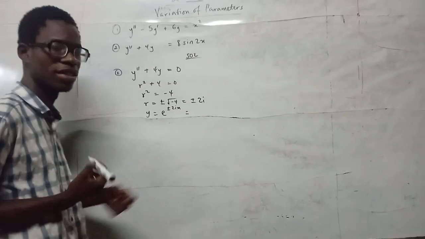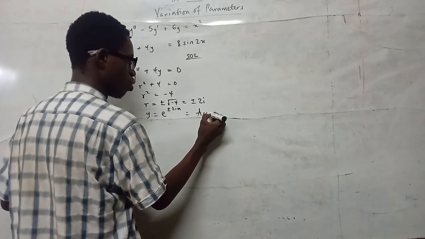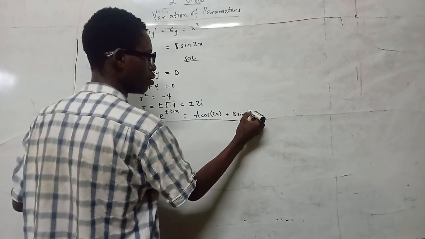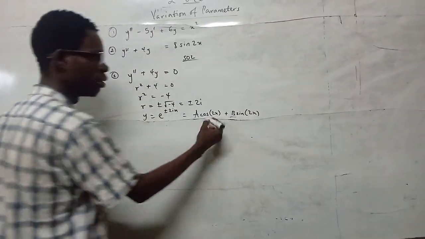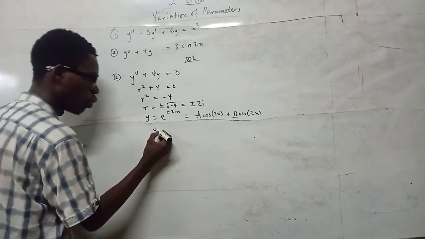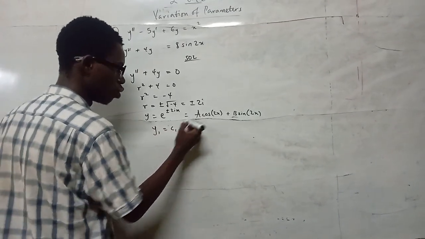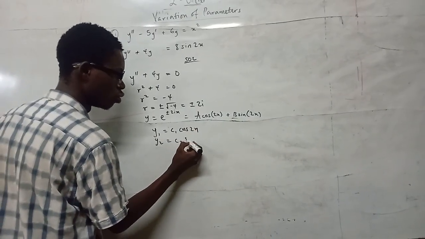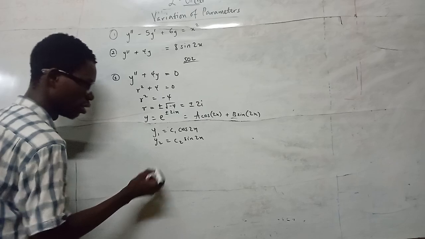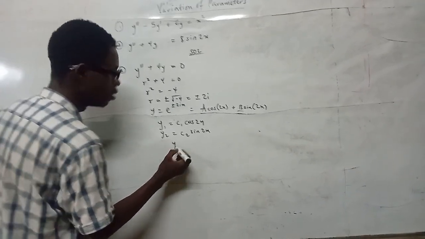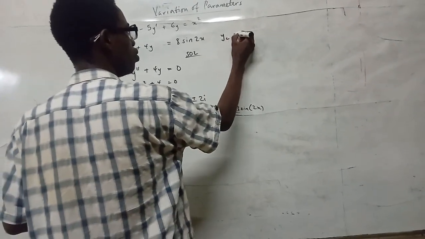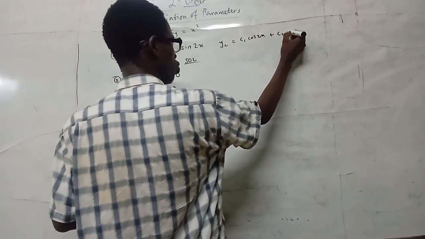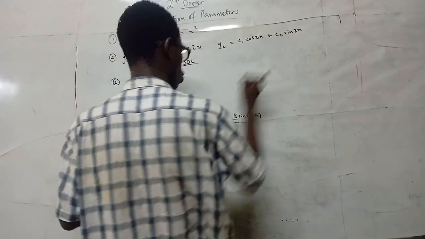This can be written in the form a cos 2x plus b sine 2x, where a and b are arbitrary constants, which means our y1 equals c1 cos 2x and our y2 equals c2 sine 2x. So I can write my yc: my complementary solution equals c1 cos 2x plus c2 sine 2x.